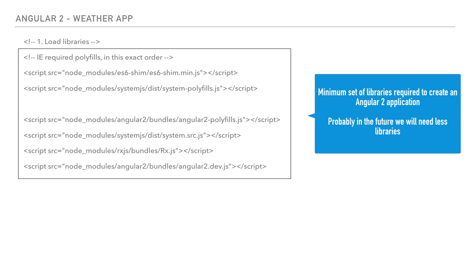So there will be a section in the index where we will specify all the dependencies that Angular 2 needs. Okay, and we can see that all these scripts are hosted in the node modules folder. So this makes sense. These were all the node dependencies that we downloaded with the npm install in the previous videos, and we have to specify this in our index.html.